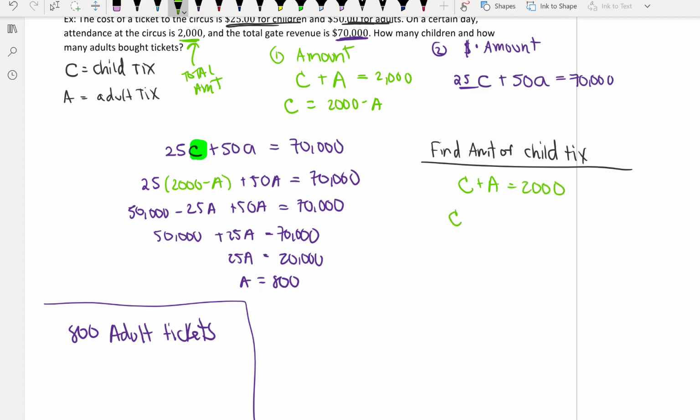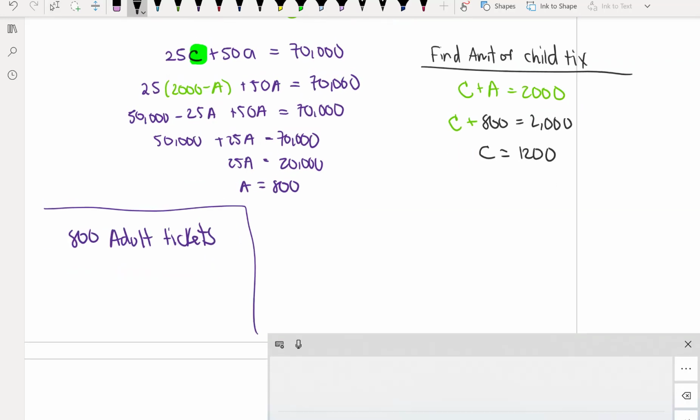The C I don't know, but the A value that I found was 800. So now I'm going to do a subtraction. I'm going to have 2,000 minus my 800, which is going to give me 1,200. So then I have 1,200 child tickets.